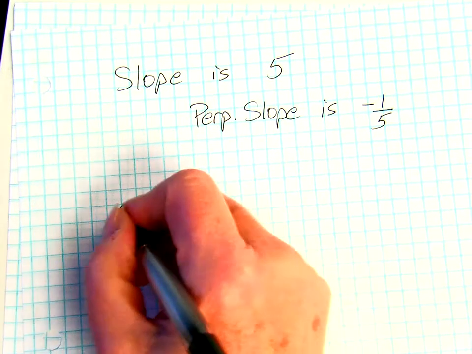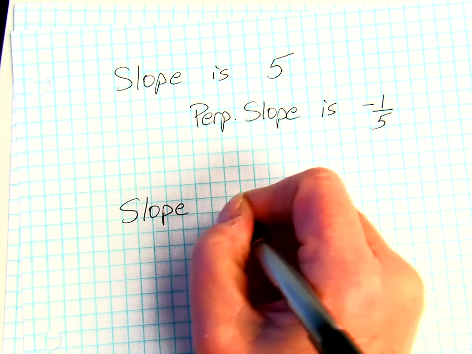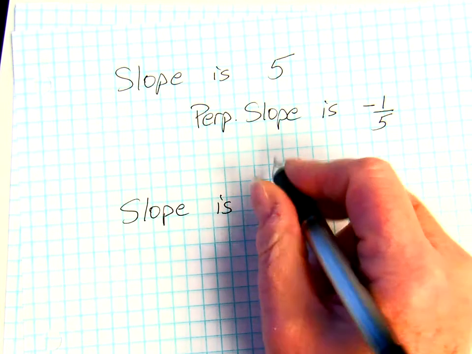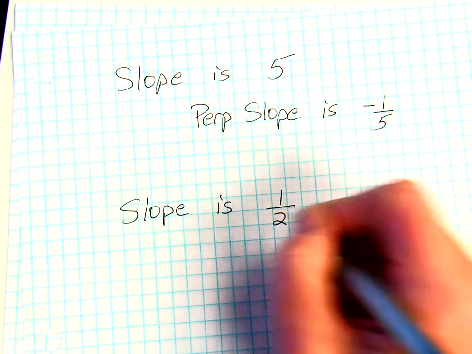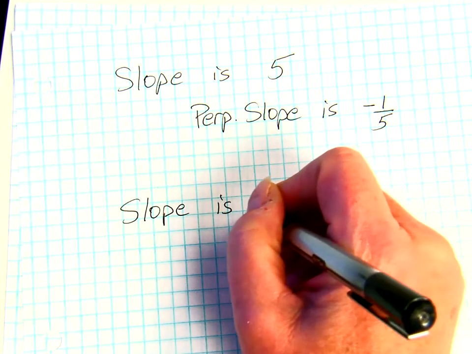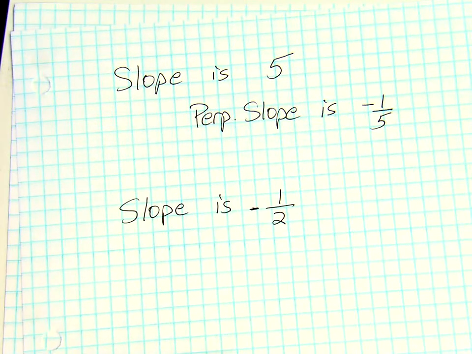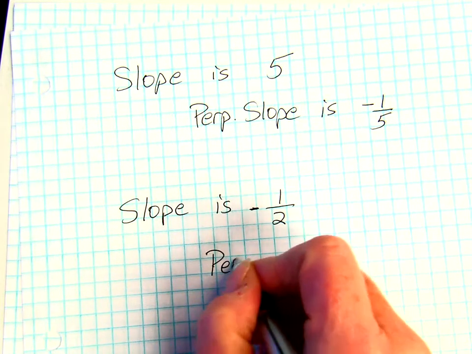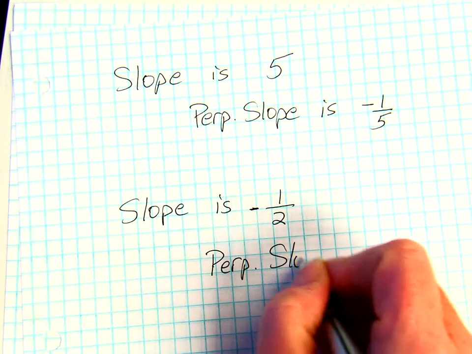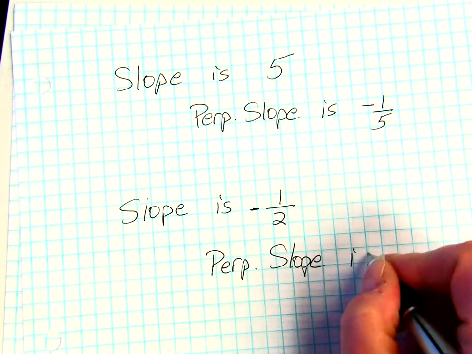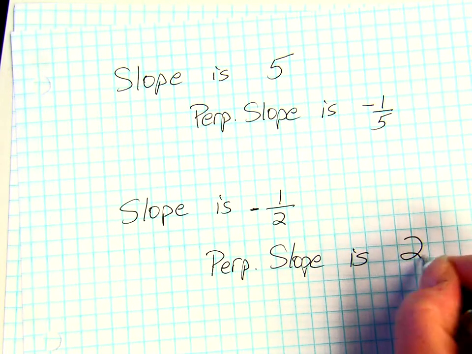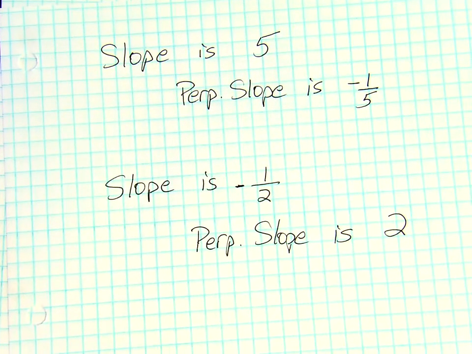If our slope is -1/2, then the perpendicular slope is +2. That's all there is to it.